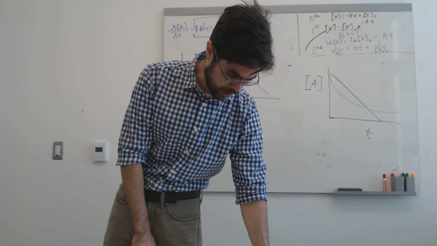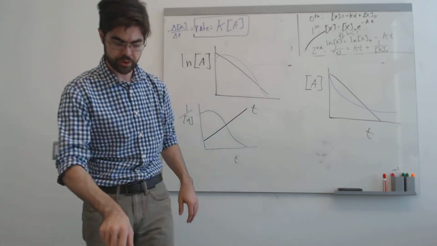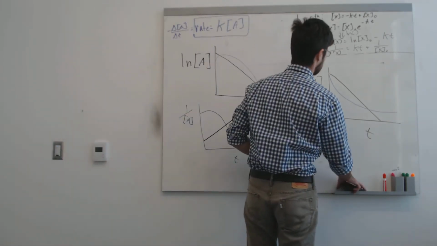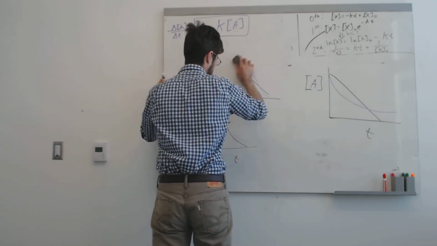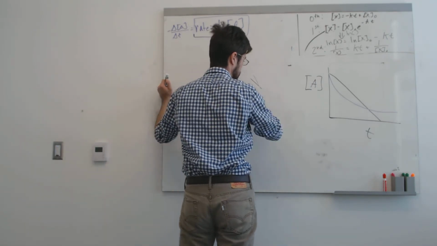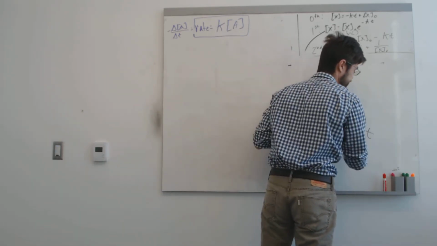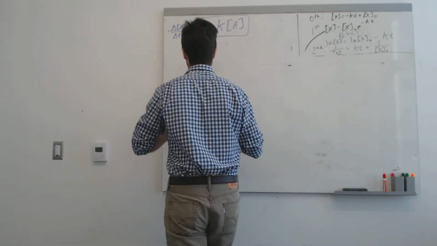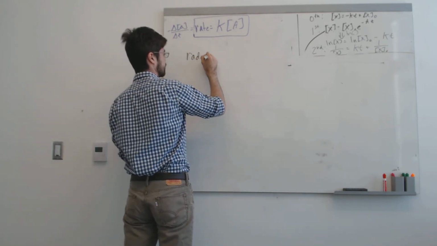How do we use radiocarbon dating to figure out how old fossils are? Okay, so I'll work through that example again. The thing we assume here is that radioactive decay events follow first order kinetics. And that's generally true for radioactive decay.